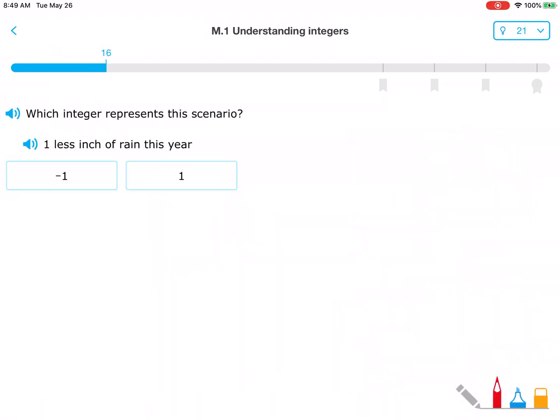Let's look at another example. 1 less inch of rain this year. So it's 1 whole, it's +1, but it's 1 less. I need something here to represent that it's decreasing by 1. And in that case, I'm going to need the negative sign, that minus in front of the 1, to show 1 less inch of rain.